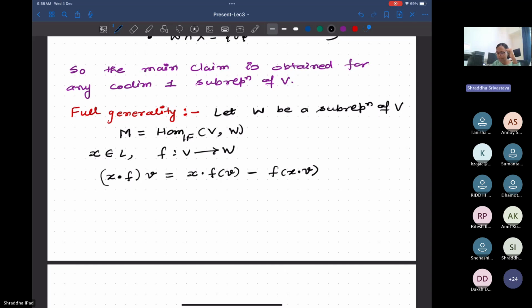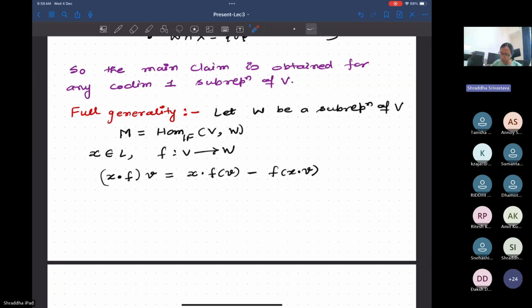If you have seen how you make the Hom space a representation of a group, when both V and W are given representations of a group, then the similar thing happens in the Lie algebra, where you think that some kind of differentiation or derivation is going on.